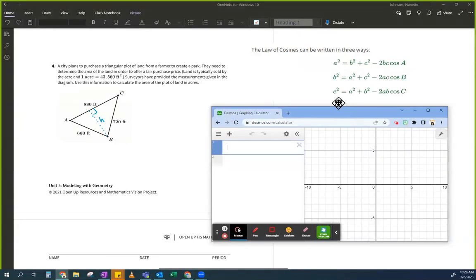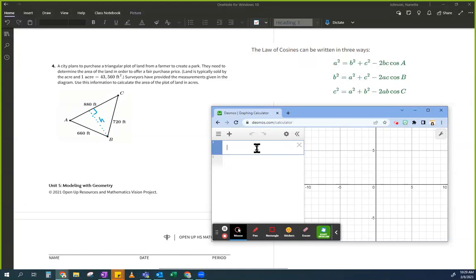Yes. I'll write it again just so you can all see it. Someone said any of them. It doesn't matter which one I use because I don't have any of the angles, and that's what distinguishes between these three. Very good. So I'm just going to use the first one because that's the one they gave me.